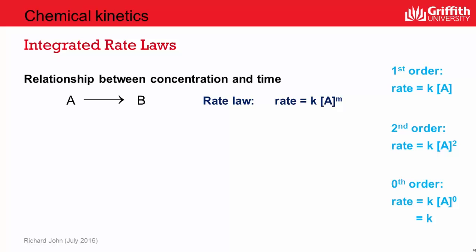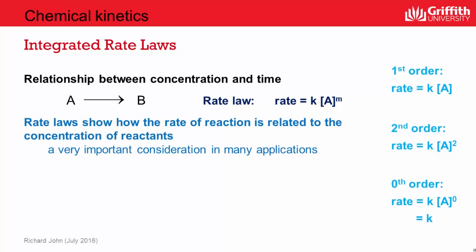And if the reaction happens to be a zero order reaction, then the value of the exponent M is equal to 0, and the rate law is written as rate equals K times the concentration of A raised to the power of 0, which simply equates to rate equals K, the rate constant.